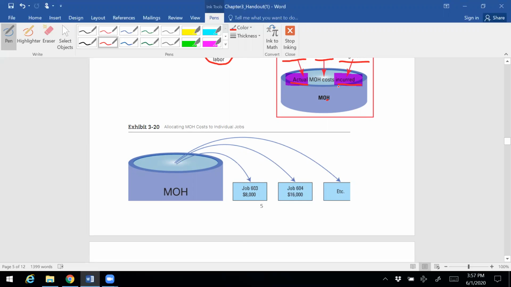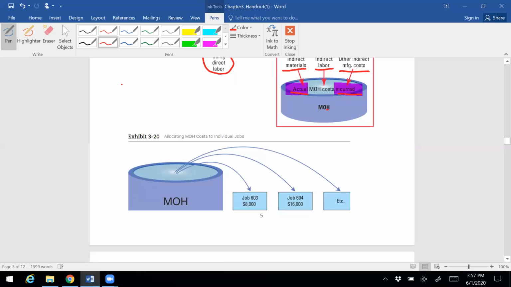When it really incurs, what's the meaning? Watch this very carefully, okay? For the manufacturing overhead, when it really incurs, we just increase our manufacturing overhead pool. And then when we allocate it, we take the water out from this pool and allocate it to each specific job.